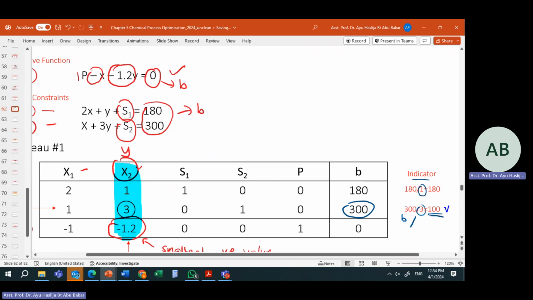So this lowest value determines your pivot value. The lowest value, which is this row, 100, is due to the 3.